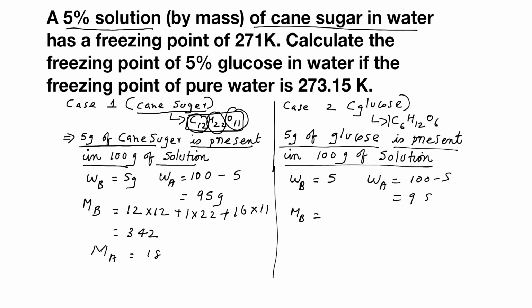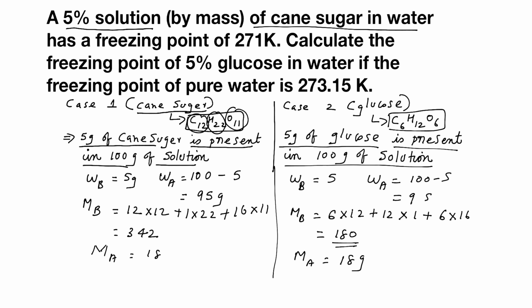It is C6H12O6, right? So 6 carbon is there, atomic mass is 12. 12 hydrogen is there, atomic mass is 1. 6 oxygen is there, and 16 is the atomic mass, and you will be getting 180. Correct? Now just like first case, what is the molar mass of water? Molar mass of water is 18 gram.